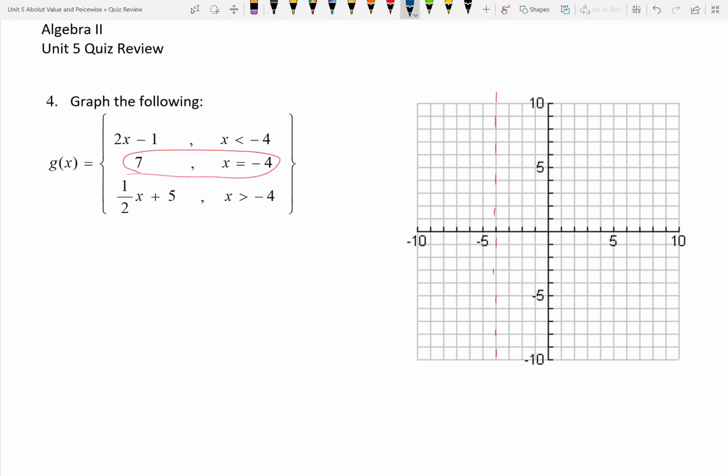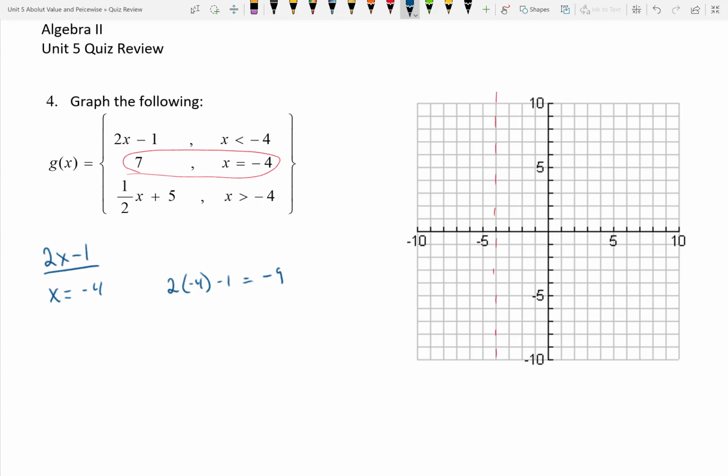For the first one, 2x minus 1, I'm going to evaluate this at the boundary, even though it's not part of this piece. I'm going to evaluate at x equals -4. So 2 times -4 minus 1. 2 times -4 is -8, minus 1 gives us -9.